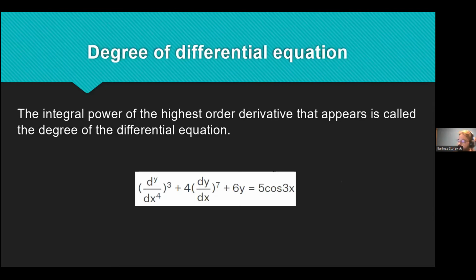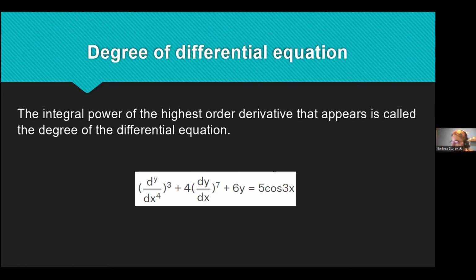If a differential equation is expressible in a polynomial form, then the integral power of the highest order derivative that appears is called the degree of the differential equation. The degree of the differential equation is the power of the highest order derivative present in the equation. To find the degree, we need to have a positive integer as an index of the derivative.